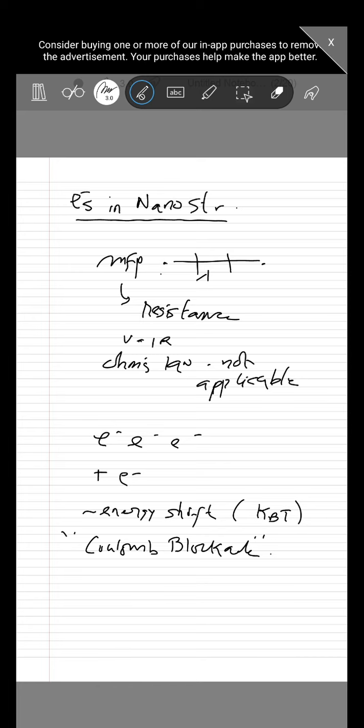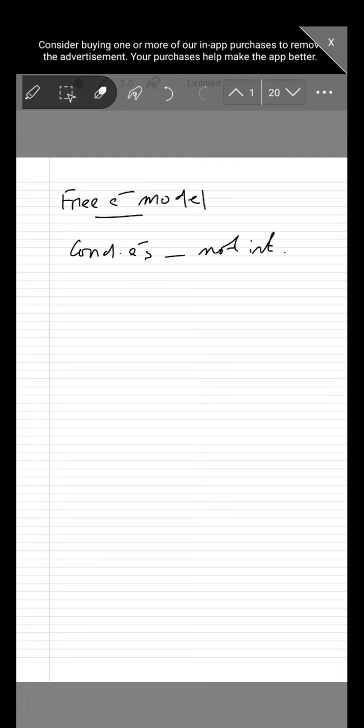Now, if you look into the free electron model, by free electron what we mean is that the conventional electrons are non-interacting. And so what we get is the following distribution of the occupation index.